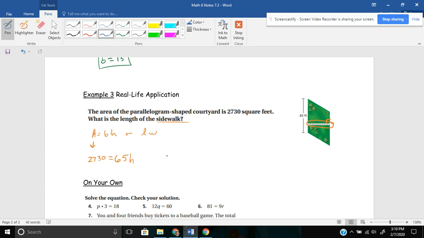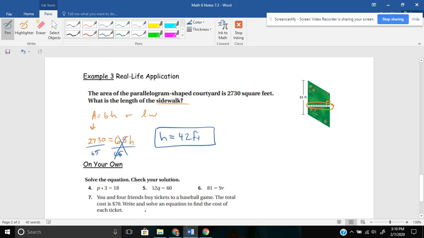It's being multiplied by 65. So to undo that, divide by 65 on both sides. Cancels out. And then 2730 divided by 65 will give you 42. And my label would be feet. Sidewalk would be 42 feet long.